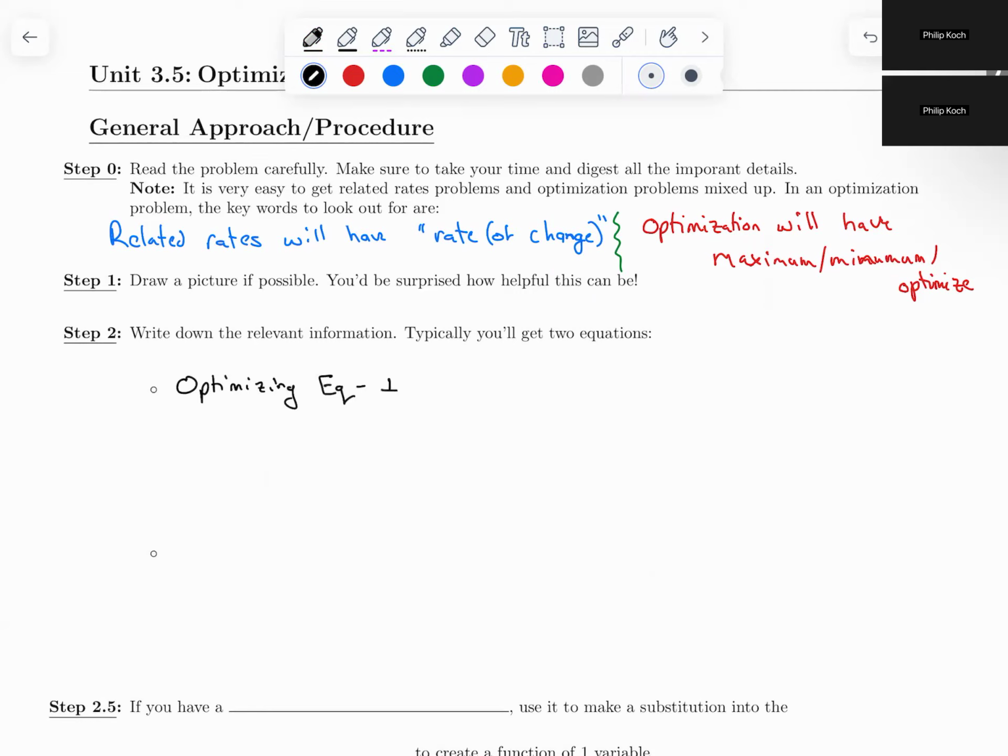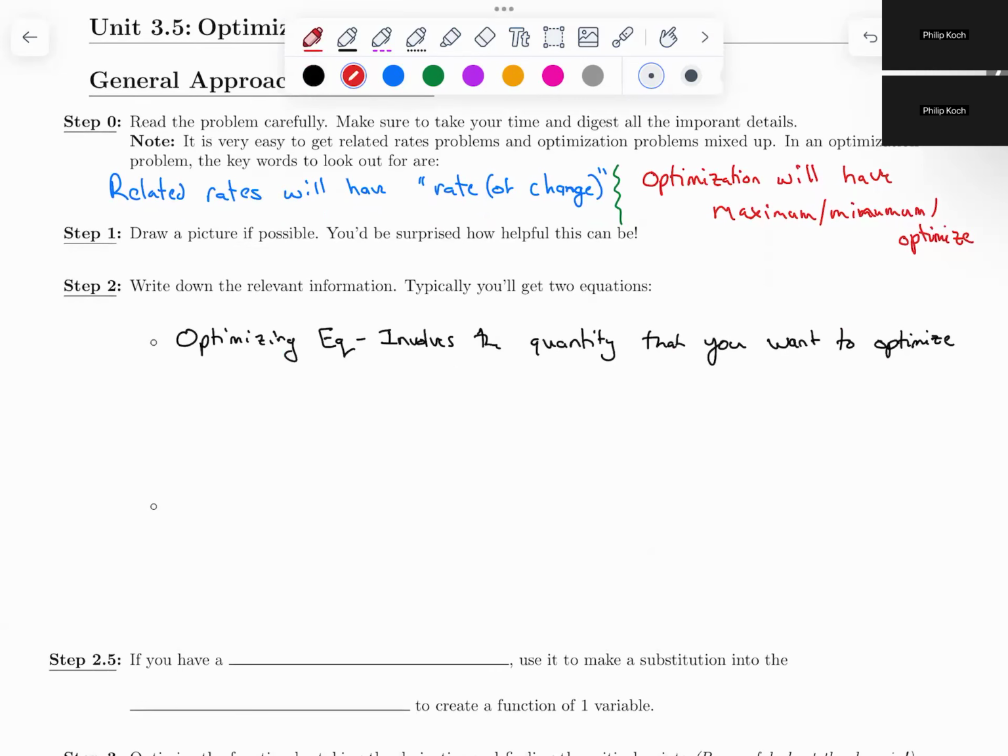And so this involves the quantity that you want to optimize, whether it be volume, radius, circumference, whatever it may be, it should have it. Your optimizing equation should have a way to optimize the variable in question. If it doesn't, it's not the optimizing equation.